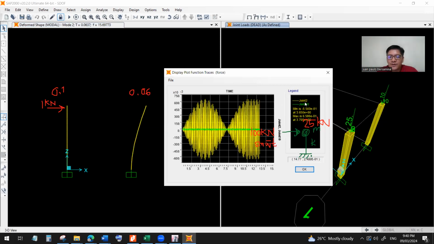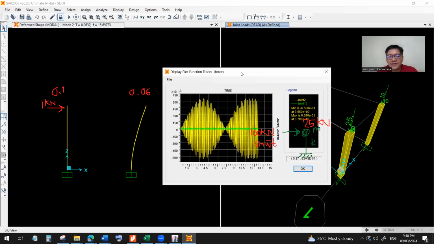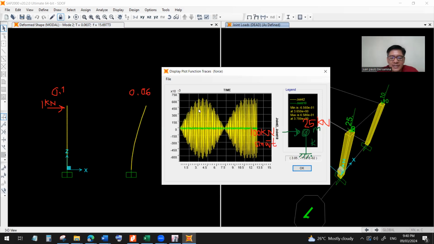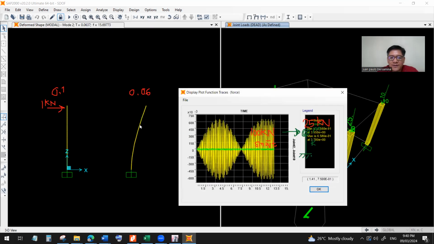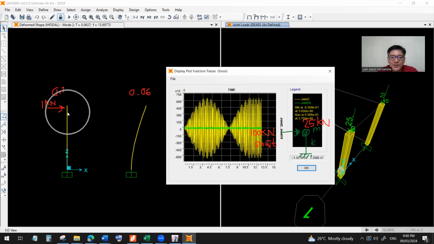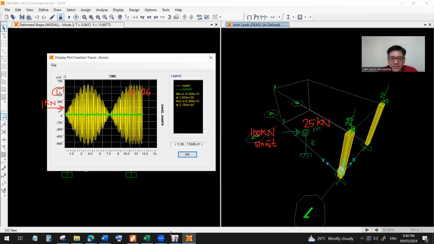Joint 2 is the yellow. So it resonated. Or not resonate, there's a technical term for that. Motion. The green is the response of this 0.06 structure. This yellow is the response of the 0.1 second structure, because the force we applied resonates with this 0.1 second structure, which is similar to this.